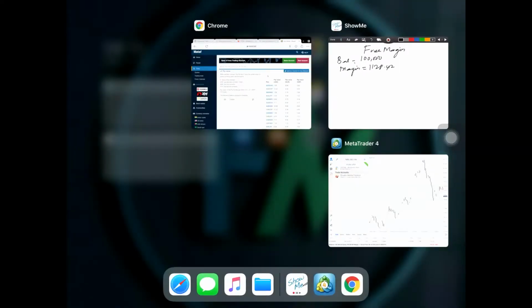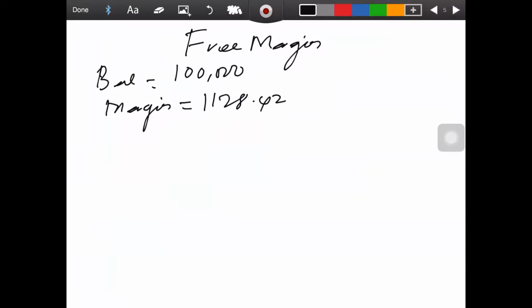Remember your margin is going to be taken out. Your margin is a part of your capital or your balance that is set aside for that trade. So this margin, you cannot touch it, you cannot use it for any other trade. It is locked down.